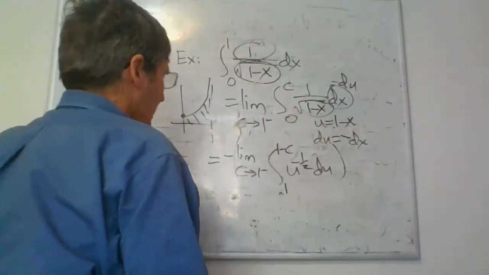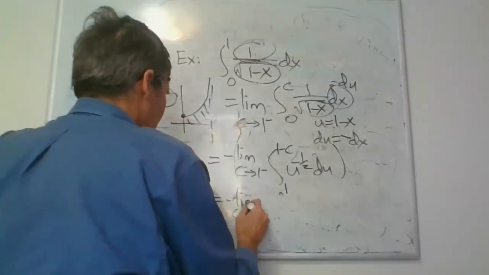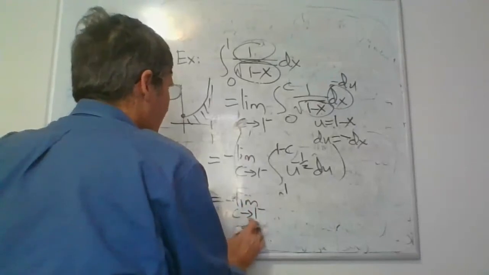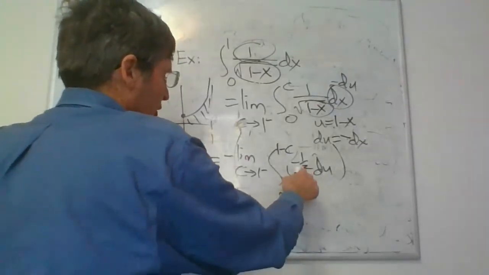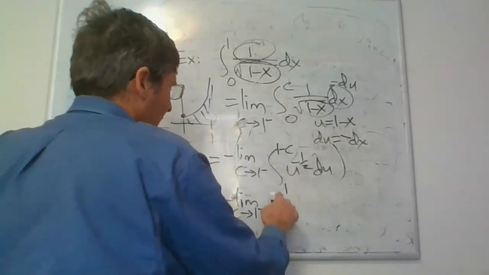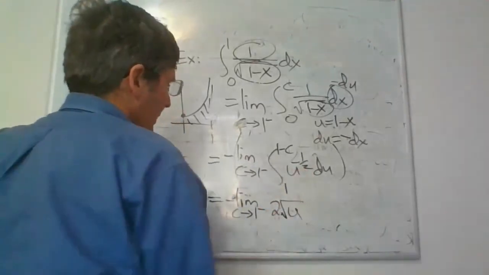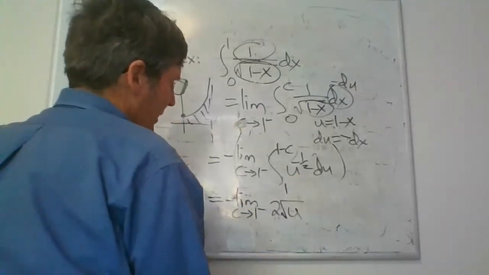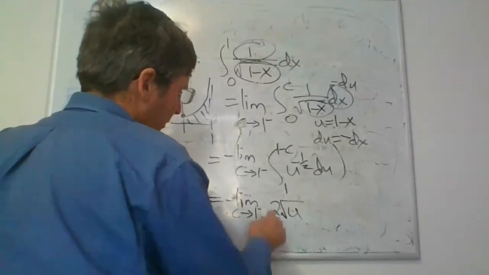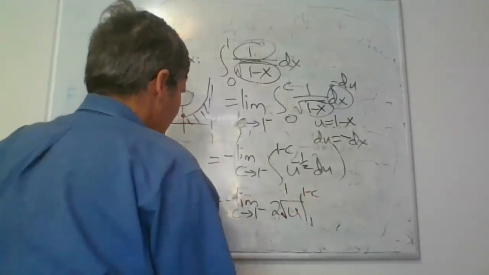We rewrite the limit like that and say, now this is minus the limit as c approaches 1 from the left of the integral. The integral of u to the minus 1/2 is u to the plus 1/2 over 1/2, or 2 square root u. And then I have to put in 1 and 1 minus c and take the difference.